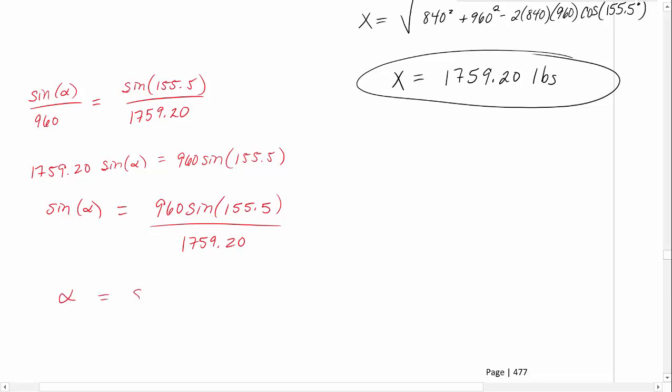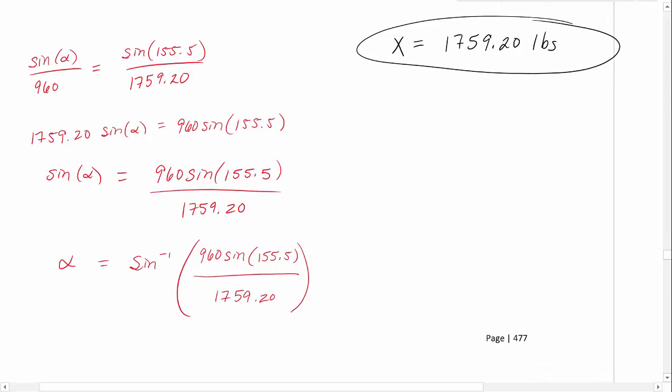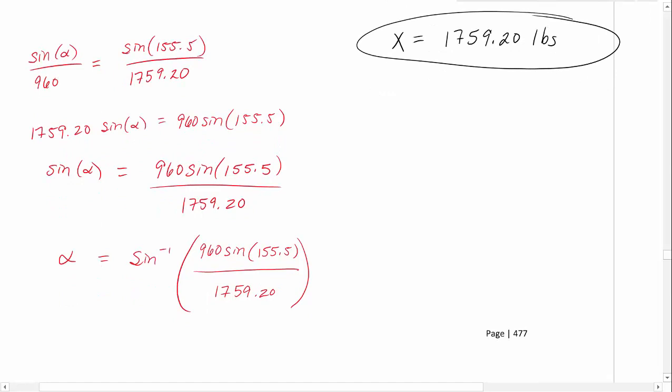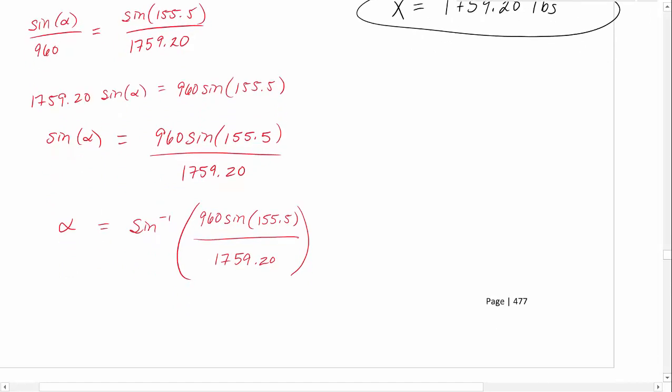And then to get our alpha, we need to do sine inverse of that fraction. Plugging that into our calculator and rounding to the nearest hundredth, we get alpha to be 13.80 degrees. But remember, we want the equilibrium.